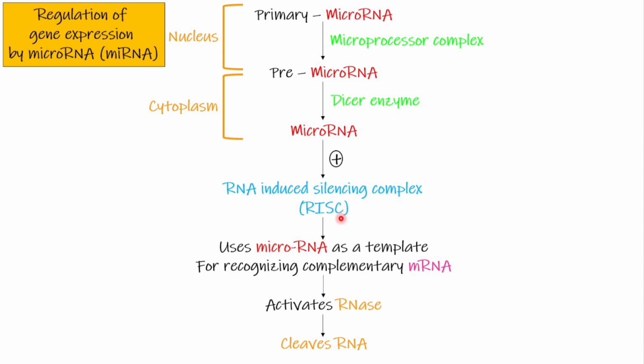Now, this RNA-induced silencing complex will use this microRNA as a template for recognizing complementary messenger RNA, where this RNase will act and cleave the RNA and stop, or stop is not the right word, control or regulate the process of gene expression.